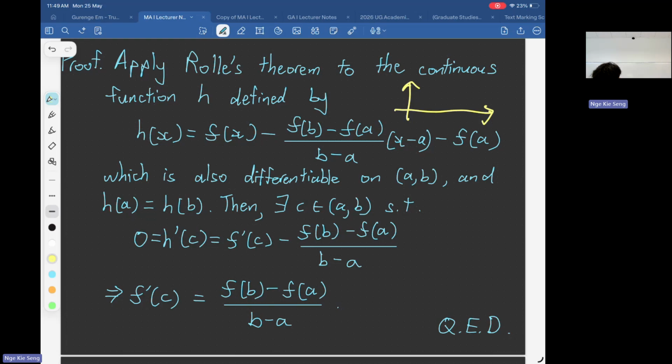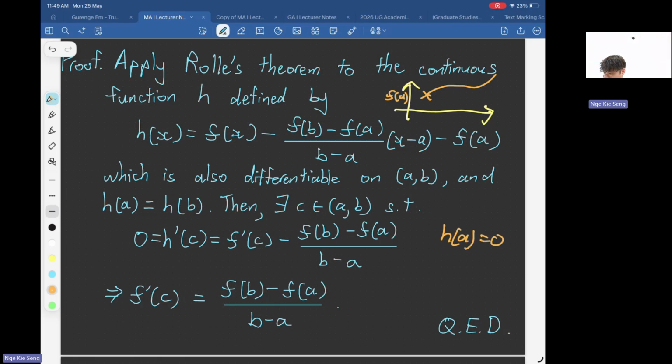Let's say you got this graph, and f(a) is something here. If you look at h applied on a, what do you get? You get f(a) exactly? Oh no, wait. h(a) you get 0.